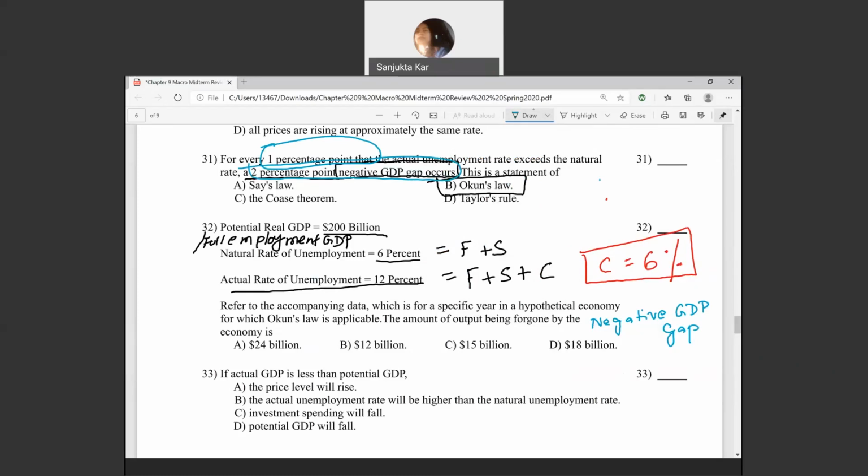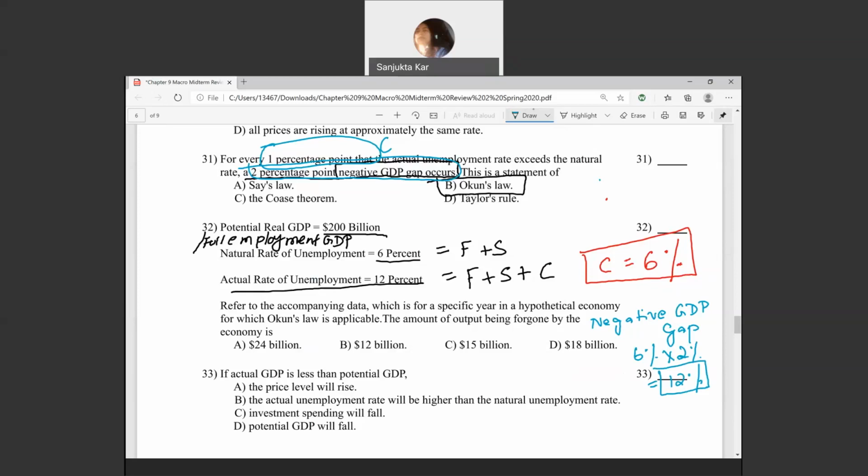Here the actual exceeds the natural rate by 6%, so my negative GDP gap will be 6% times 2, which equals 12%.